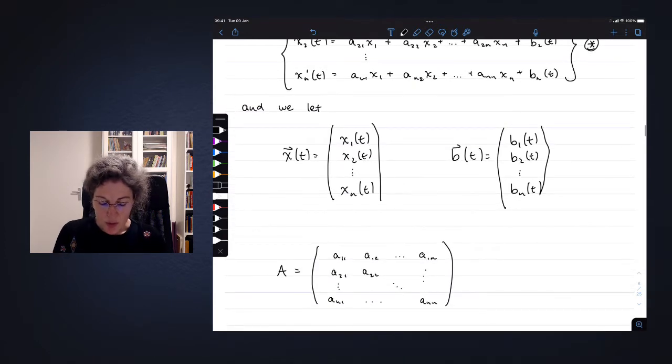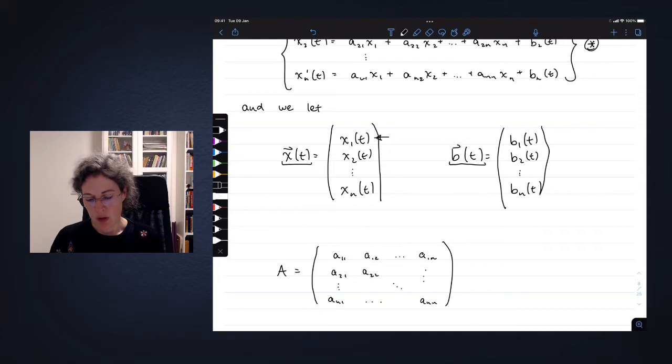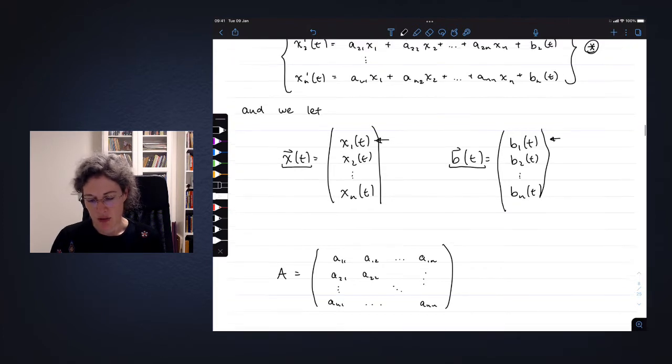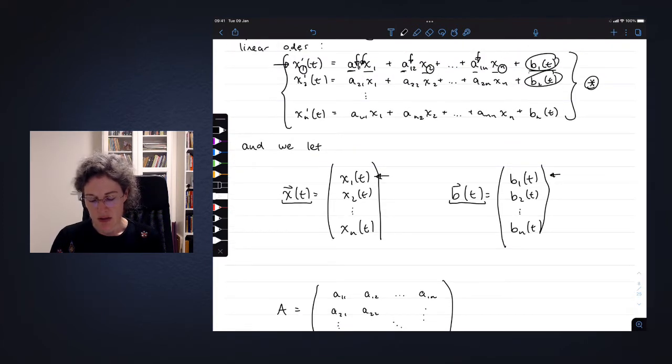So what I'm going to do is I'm going to let this x, this is a vector x, consist of a column vector with n entries, where each entry is one of the independent variables that we're interested in. Okay? And similarly, I'm going to let vector b be a column vector which has as its entries each of these explicitly time-dependent terms.